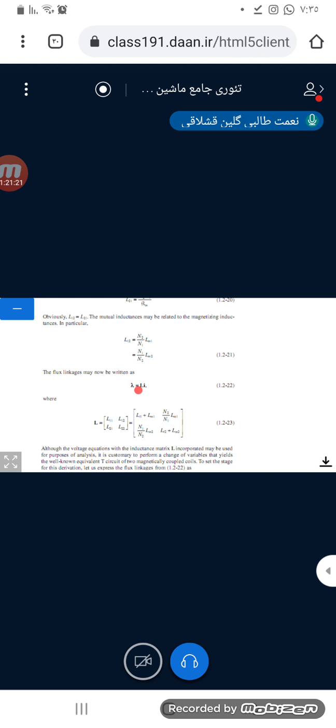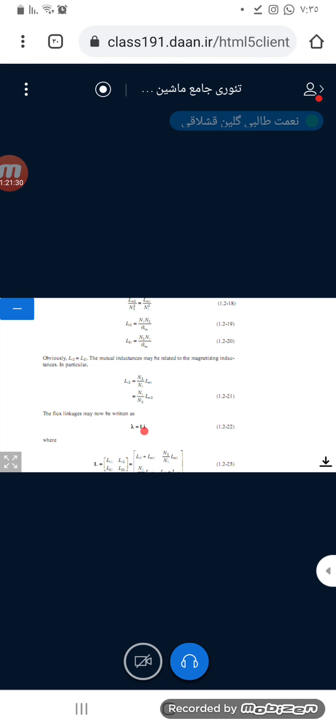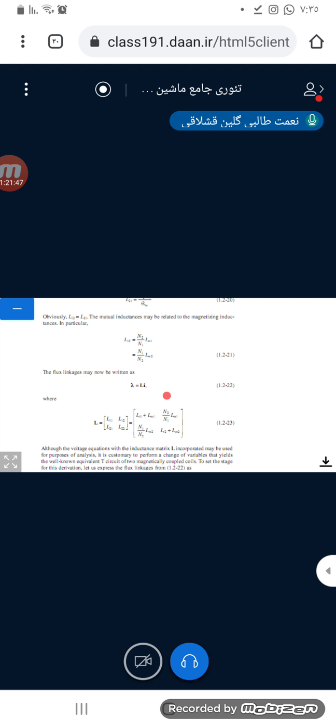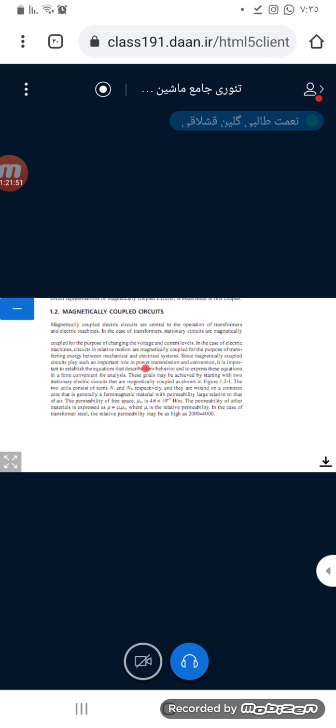For our example, we see lambda 1 and lambda 2, L1 and L2, I1 and I2. This matrix is the inductance matrix of the magnetically coupled circuits.